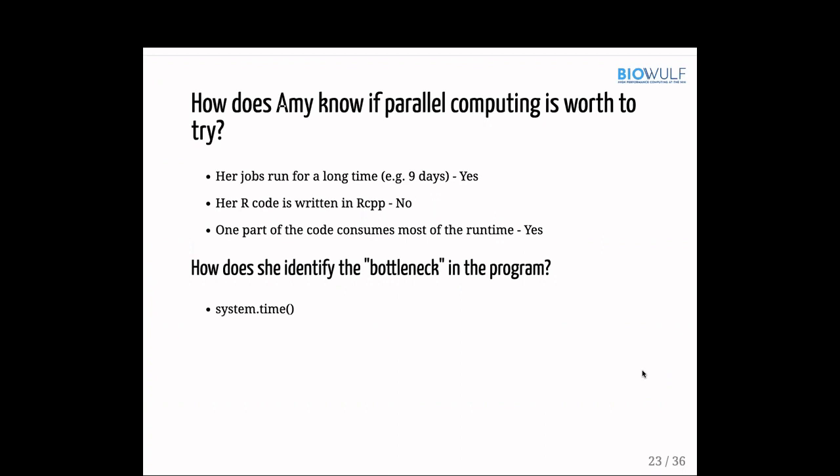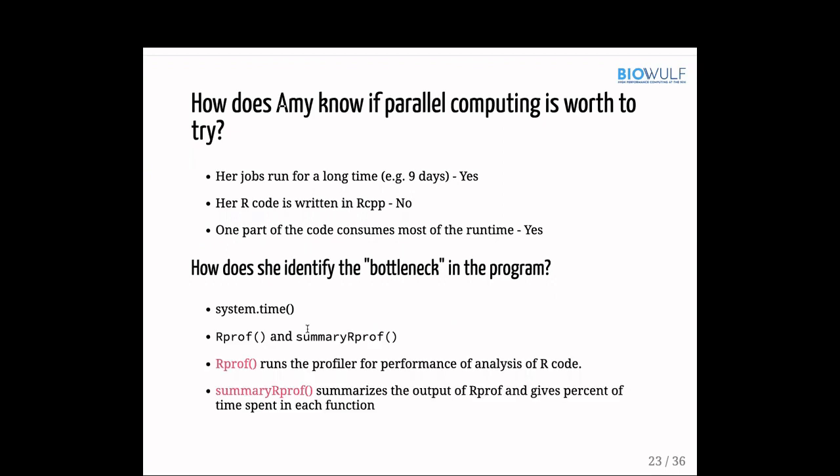The other case is when one part of the code consumes most of the time. Then you might want to look back to see if that part of the code can be rewritten to make it faster. There are several ways to identify the bottleneck. First is using system time. This is a built-in function. If you have multiple functions, you can use the system time to count the time consumed by each function.